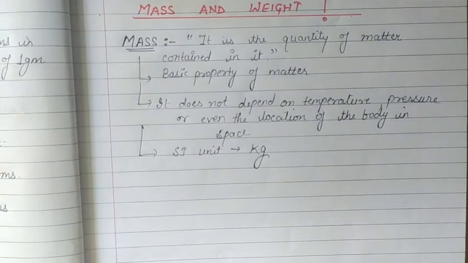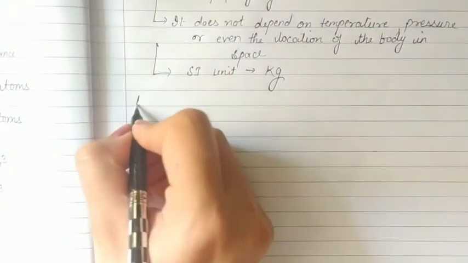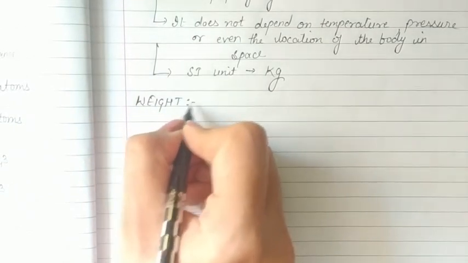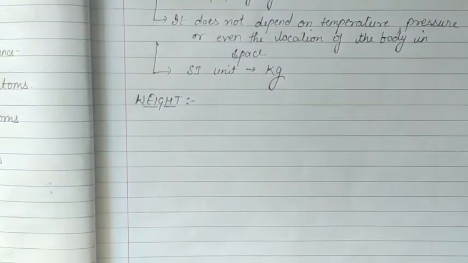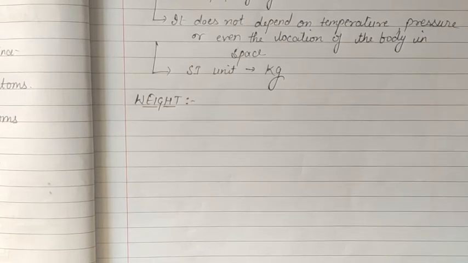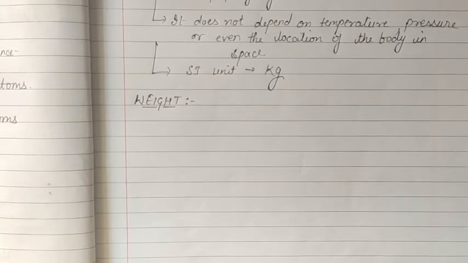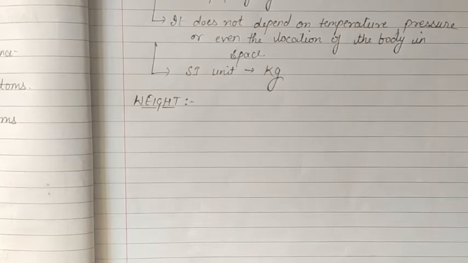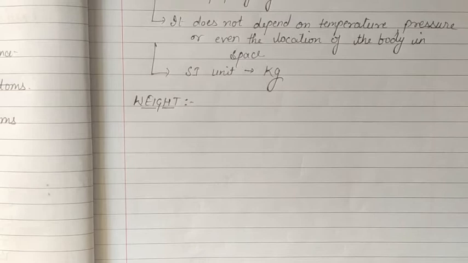Now let's talk about weight. Weight is not the quantity of matter, but it is a force. Weight is a force that is acting on the body because of the earth's gravitational force. It means weight of a body is the force with which that body is pulled towards the center of the earth.